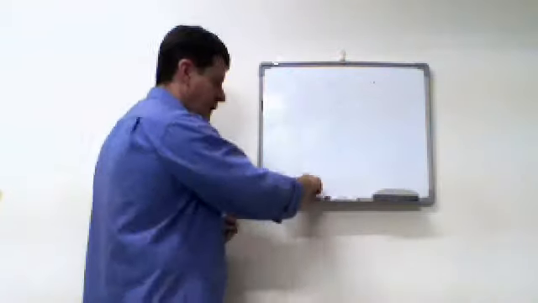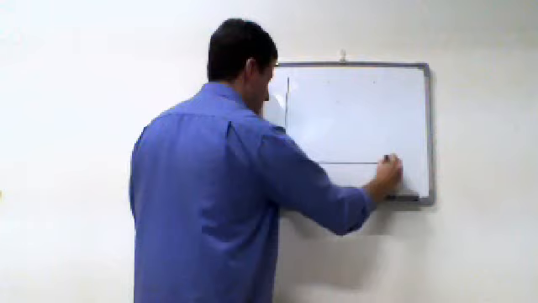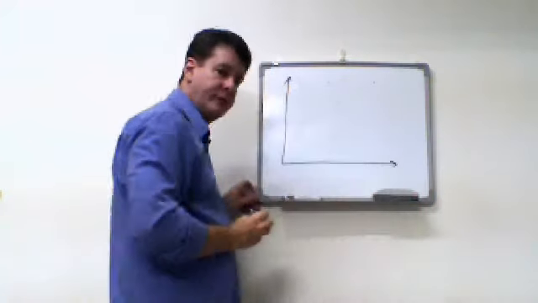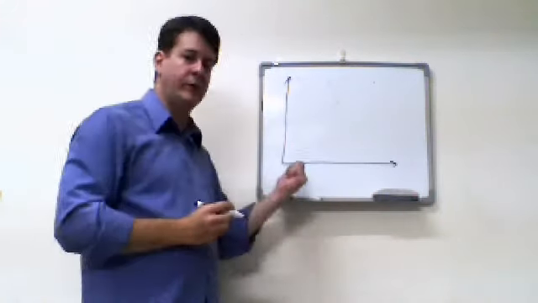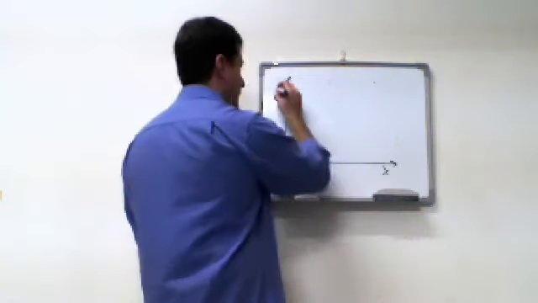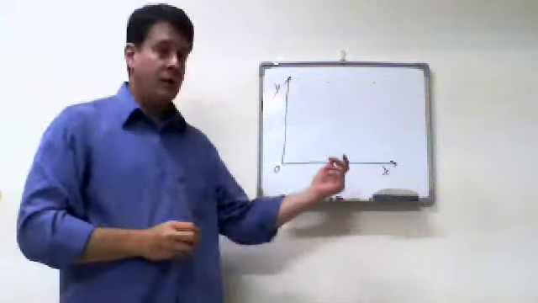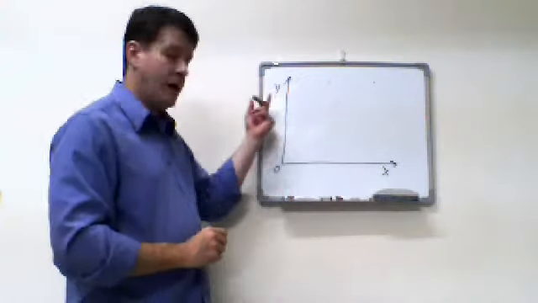Okay. So again, let's draw an axis and we'll place it in our Cartesian system. For now, for simplification purposes, we're just going to stay in the first quadrant. And so we have our x and y and origin here. Now these could be actually anything.